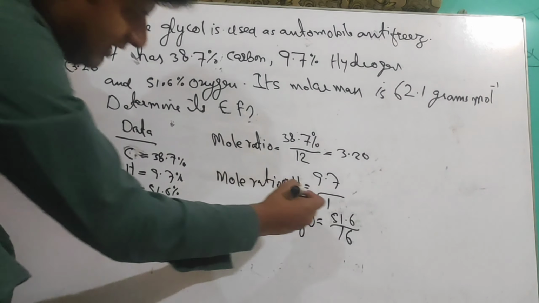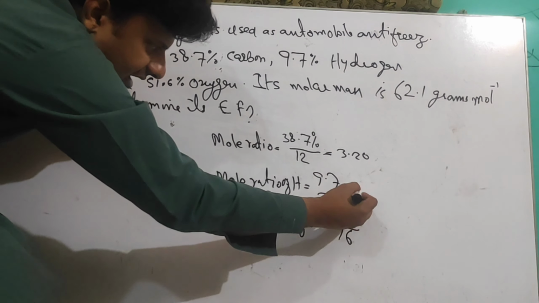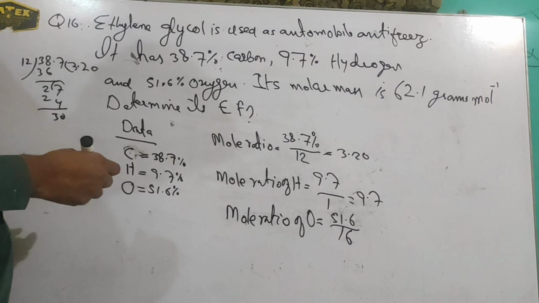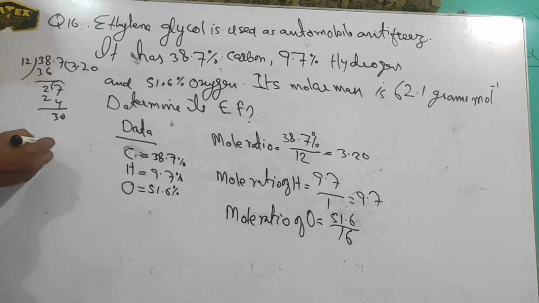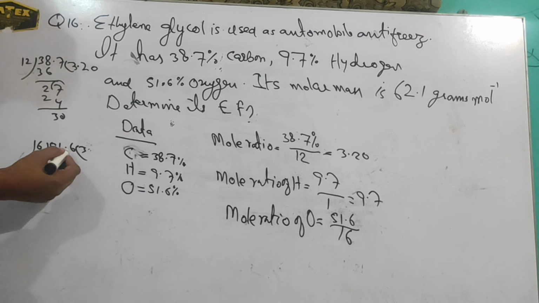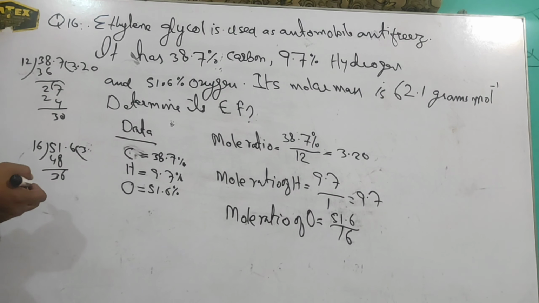This value 9.7 divided by 1 is 9.7. And 51.6 divided by 16, this is also a value, so we have to divide 51.6 by 16. 3 times 16 is 48, and then 3.6, so we have to give a point here, and we take the 6 here.